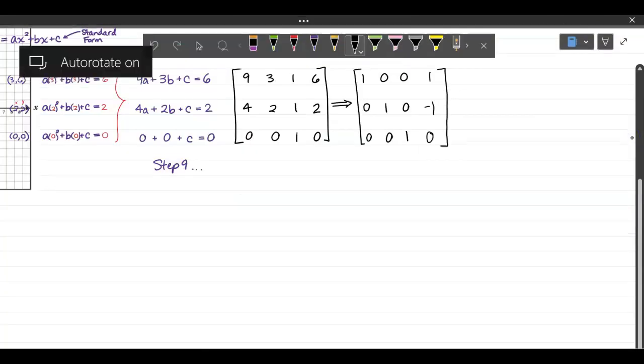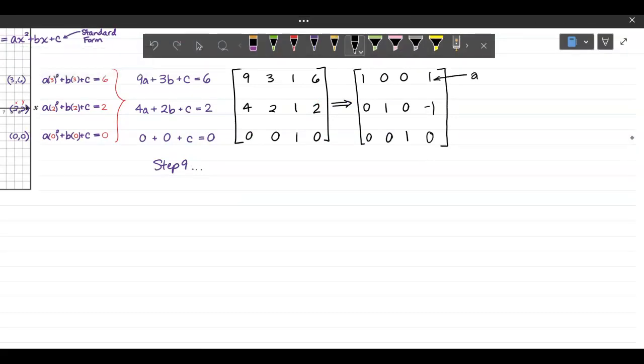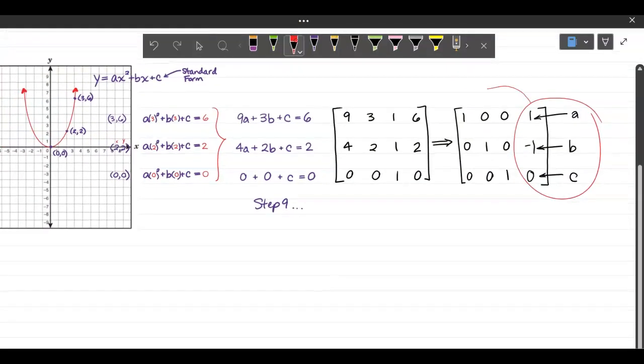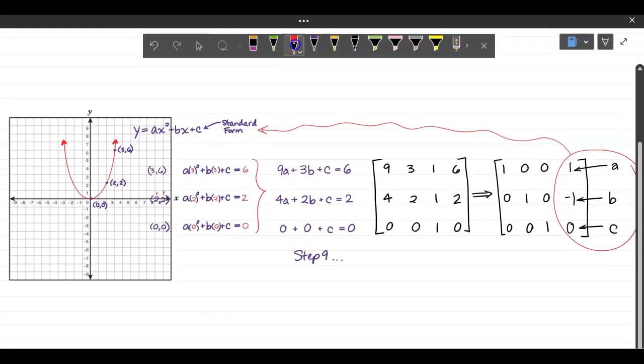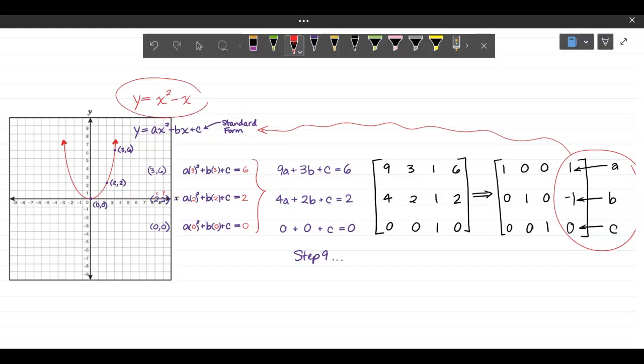That means that A equals 1. That's my A value. B equals negative 1, and C equals 0. So when I take these values here and go back to where I started in standard form, my equation is y equals 1x squared minus 1x plus 0. That equation would generate that graph.